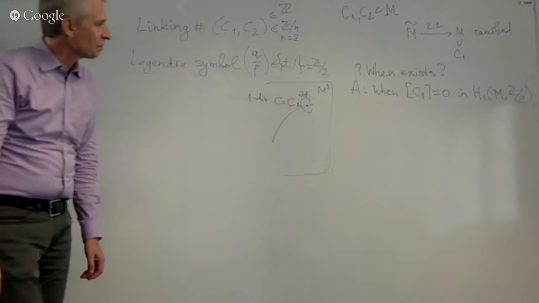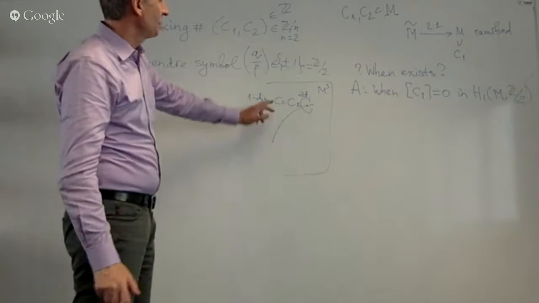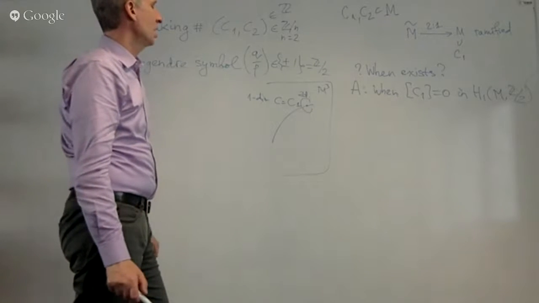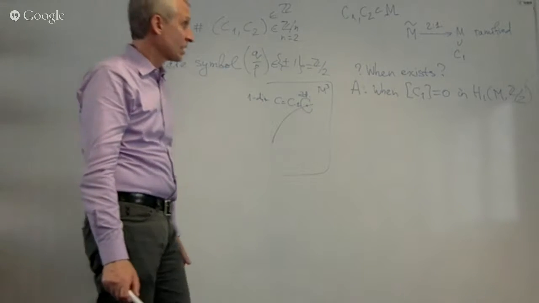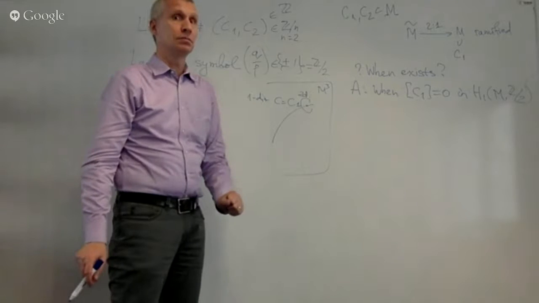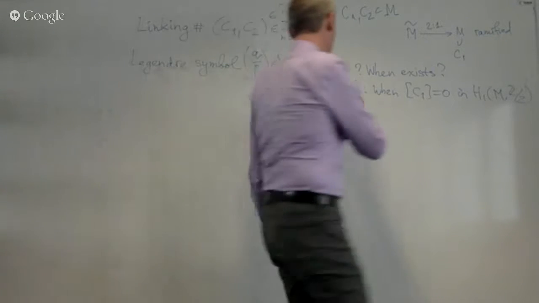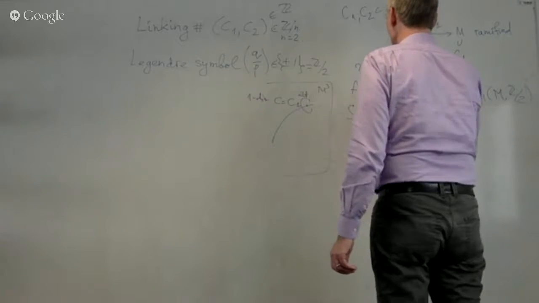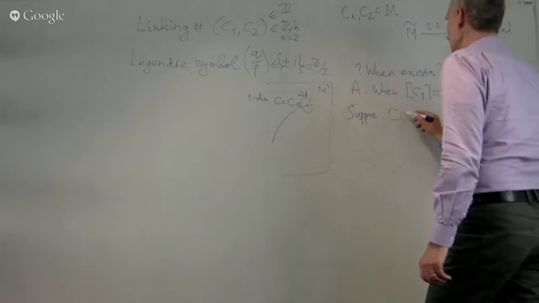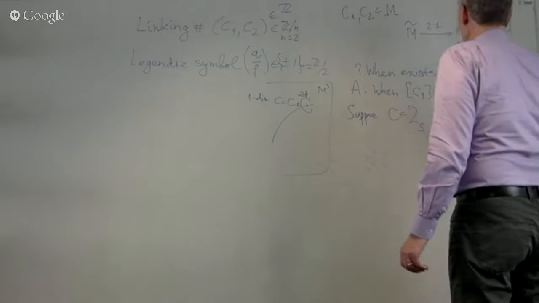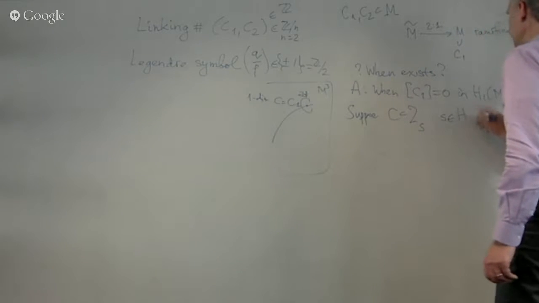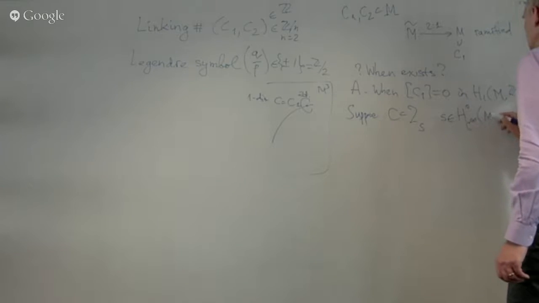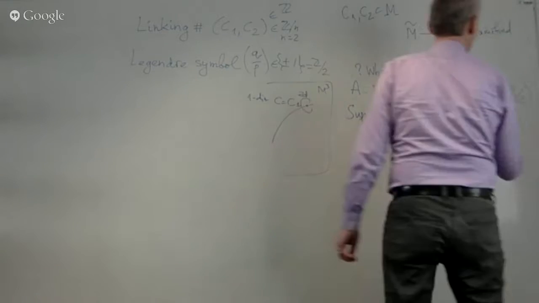Let's do this. Suppose we can represent C as the zero locus of a section of a complex line bundle. Suppose C is the zero locus of S, a C-infinity section of L, a complex line bundle.